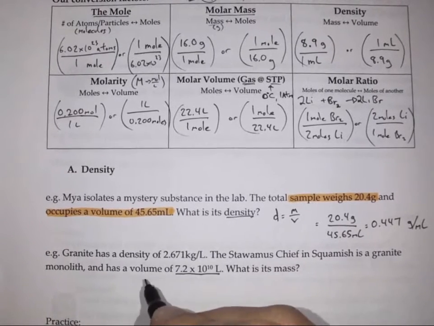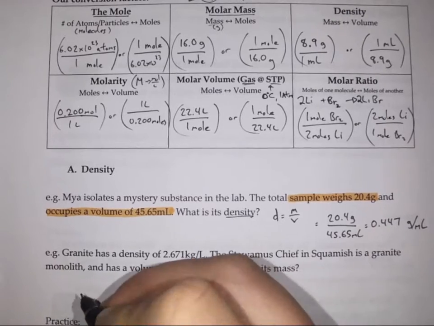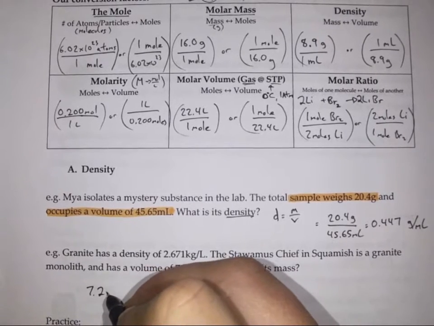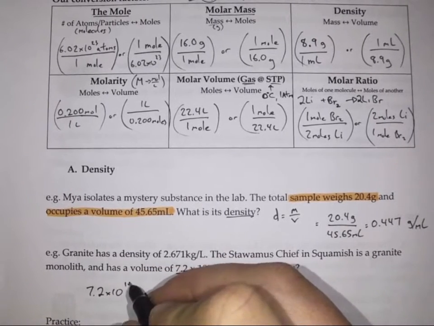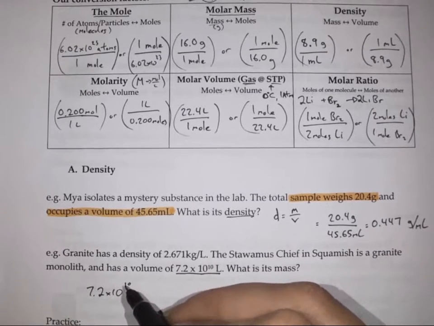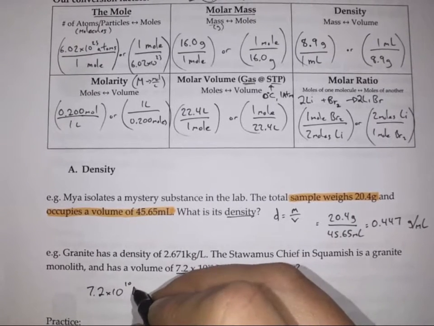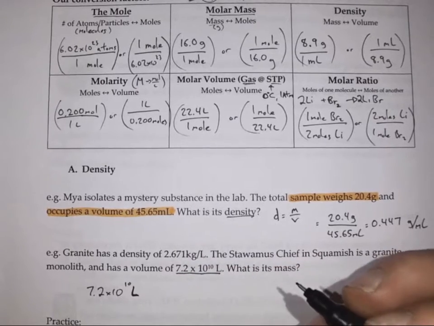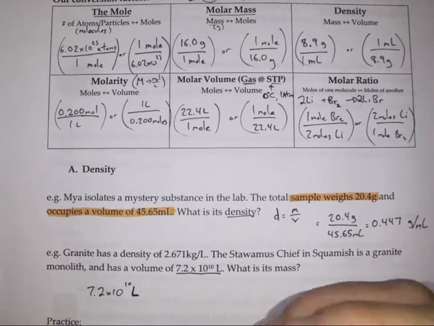So in this case, we are told the volume of this object is 7.2 times 10 to the 10 liters. So that's between 10 billion and 11 billion liters, which is plenty of liters, I think you'd agree.